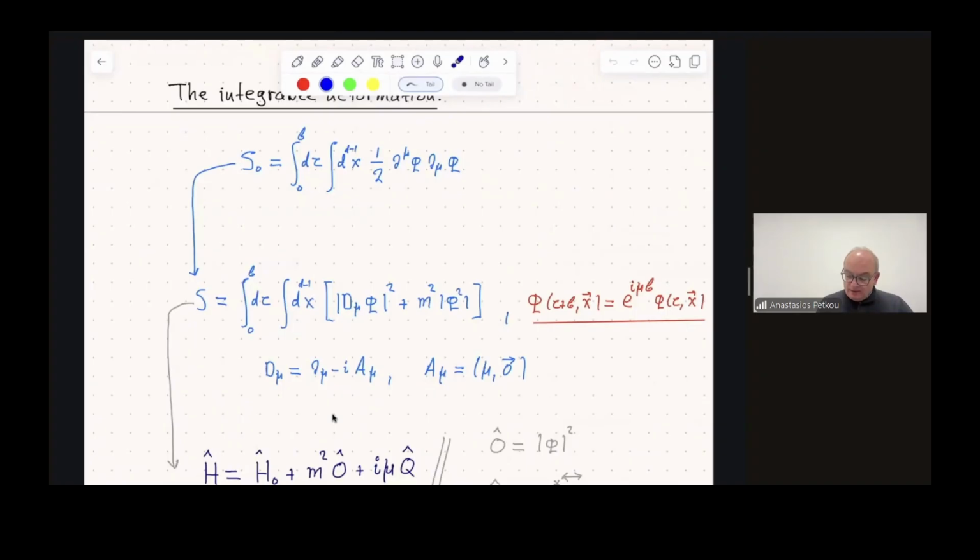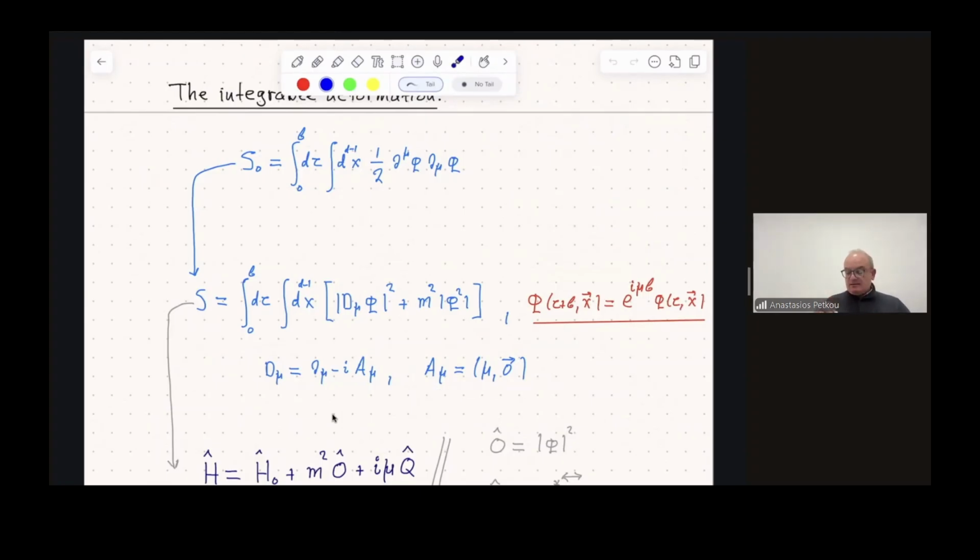I consider now a set of complex scalars which have a common mass and interact with an external gauge potential A_mu, which is very simple. It has only the temporal component.